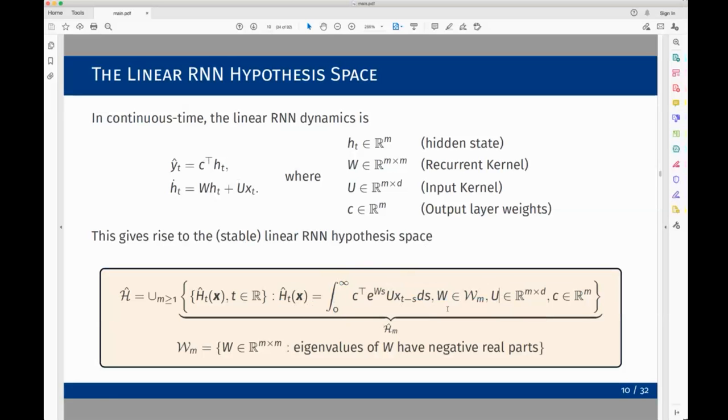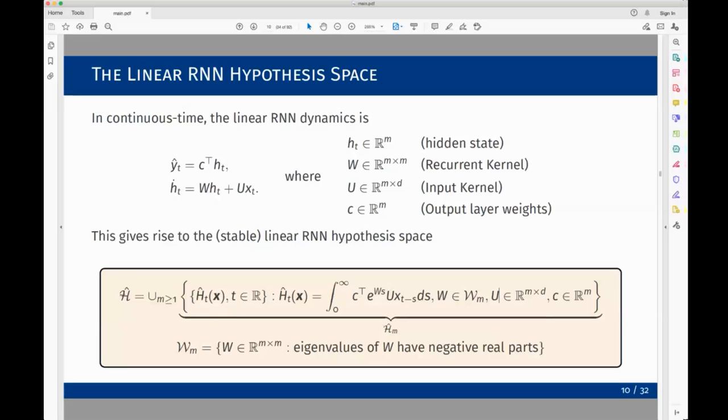It is just a convolution, or integral, over the signal from minus infinity up to time t, and here we encounter the matrix exponential determined by the recurrent kernel W. To make it stable, because we will study the functionals as t goes to infinity, we additionally require the eigenvalues of W to have negative real parts, such that this functional is well defined for arbitrarily large time t.